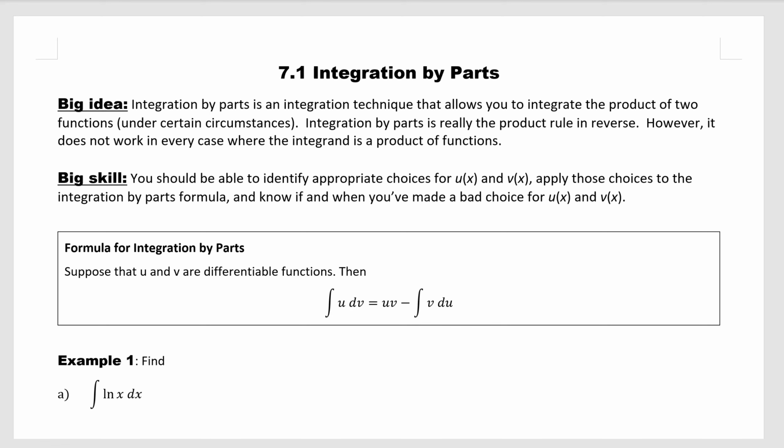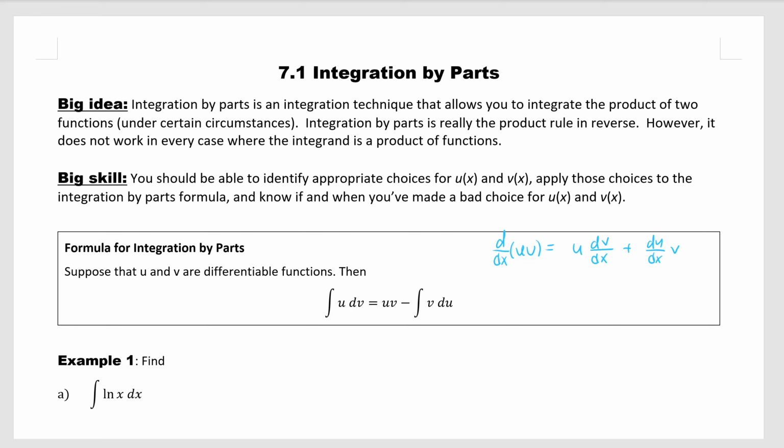Okay, so I want to remind you. Do you remember the product rule for derivatives? So the derivative of uv equals u times the derivative of v plus the derivative of u times v, right?